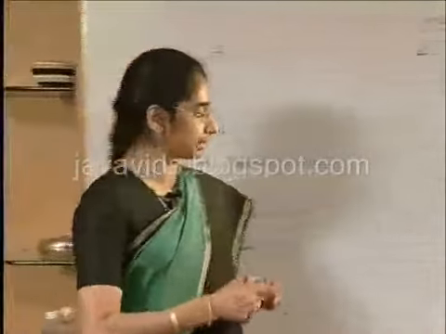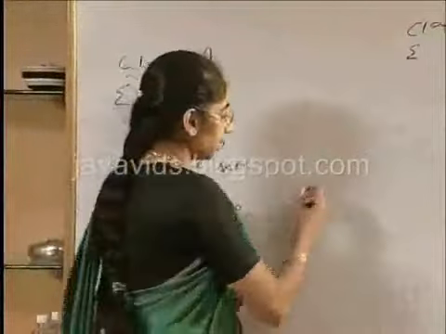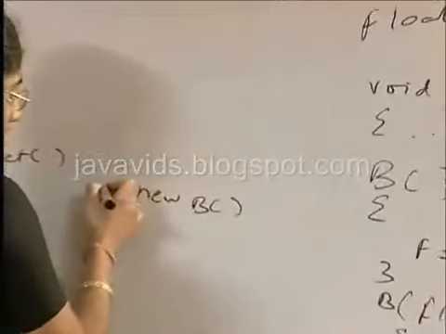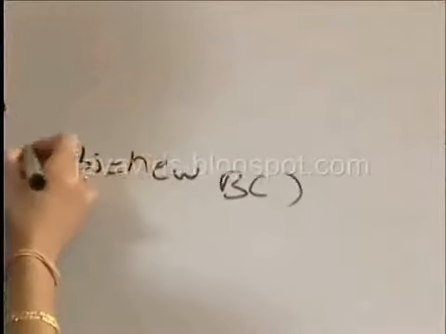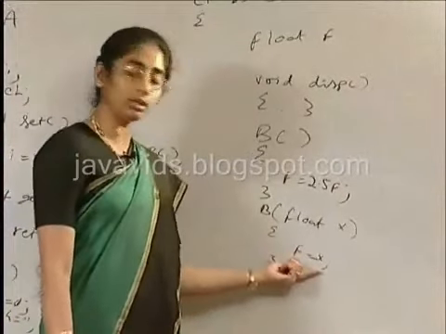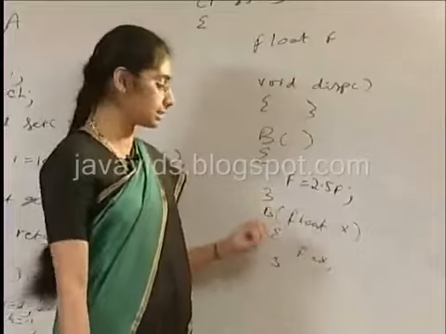Now let's see what happens. So when we create an instance of this class B by saying new B, it comes into this constructor, but notice that we have not written any call to the parent constructor.